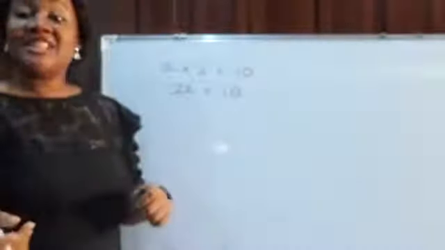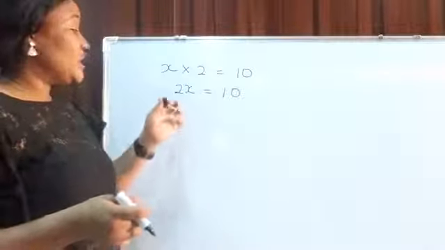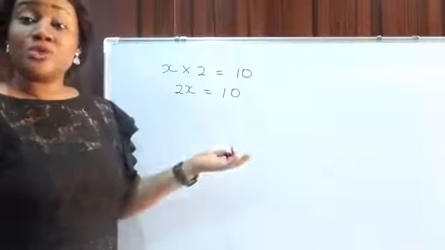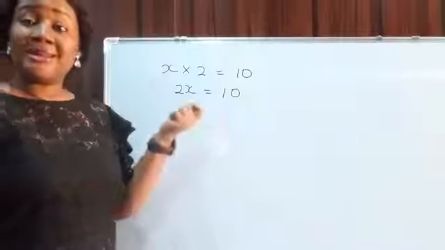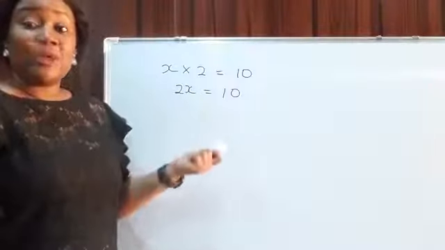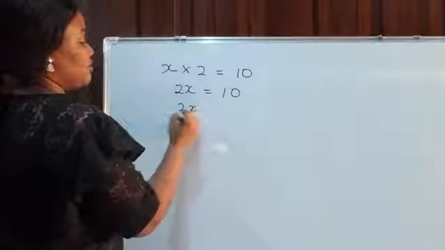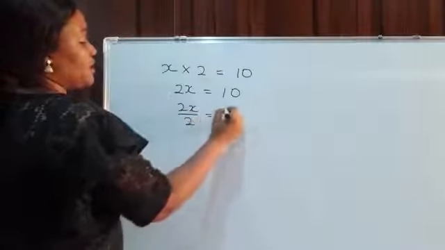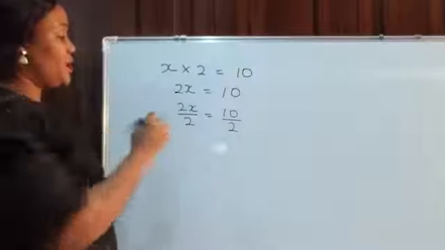Let's remember, we're still trying to isolate x, to get just x. So let's divide both sides by 2. If you divide both sides by 2, you should be able to get x alone. So you have 2x over 2 equals 10 over 2. Okay?